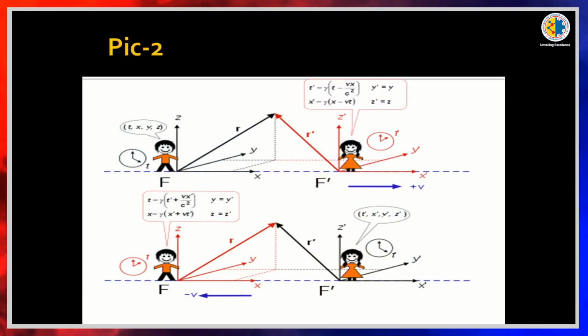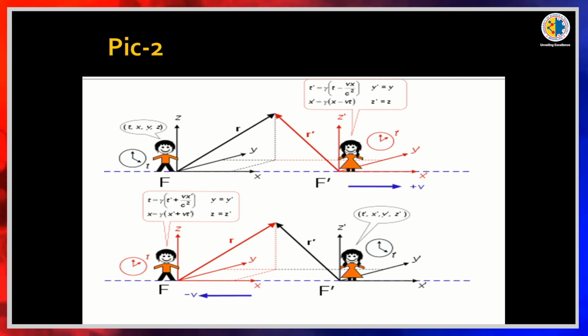F is the rest frame and F dash is the moving frame. According to the F frame, the coordinates of a particle are x, y, z, t, and according to the F dash frame, the coordinates are x dash, y dash, z dash and t dash.